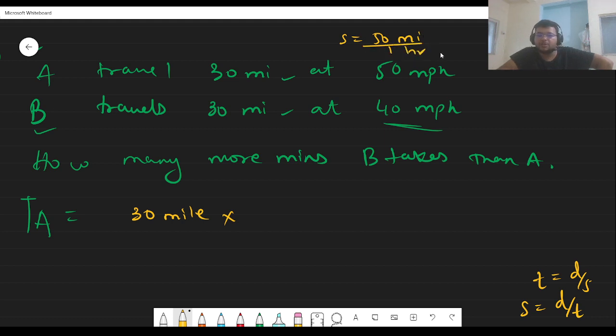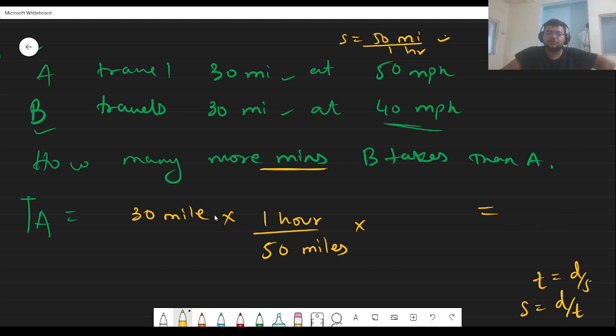Speed is in the denominator, so I have to reverse this and write 1 hour on 30 miles. Also, here we need the final answer in minutes.